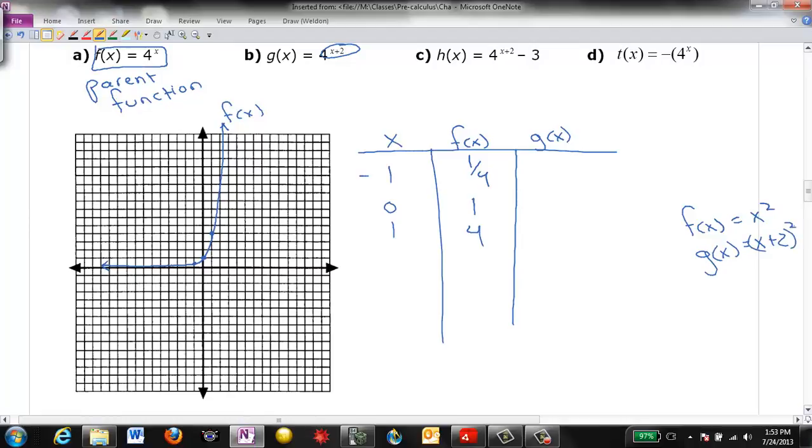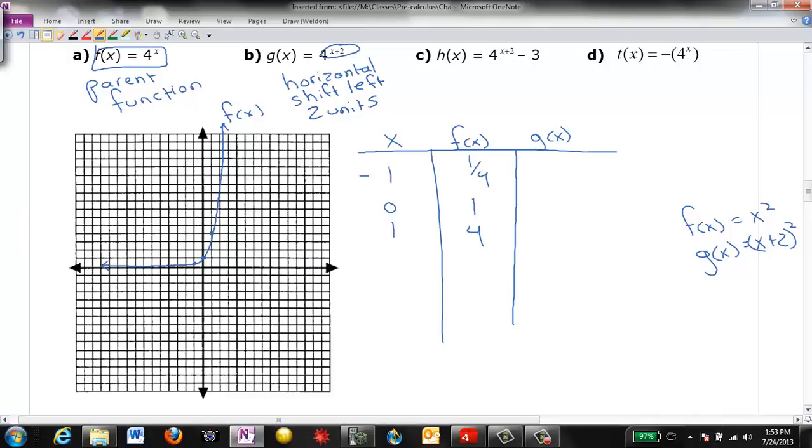We're replacing x with x plus 2 and looking at what happens. You'll remember that this was a shift. All right, so this is a horizontal shift to the left, 2 units. Right, so move everything to the left, 2 units.